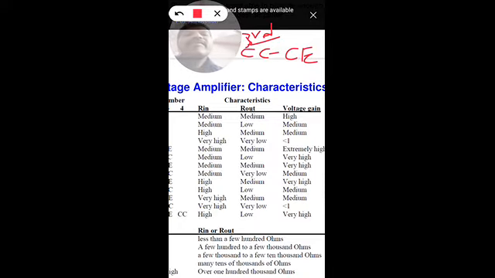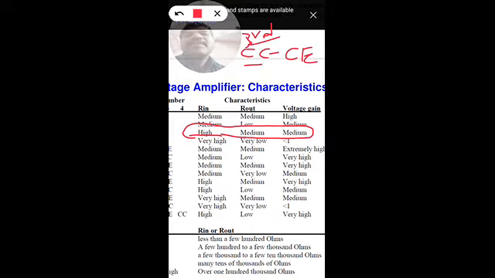CC is the input stage, the first stage. We have very high input impedance. So these are the characteristics of this CC-CE stage. We have high input impedance.